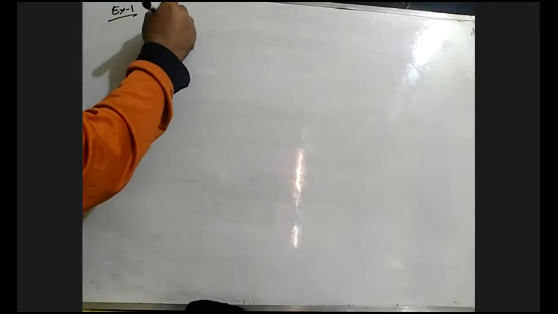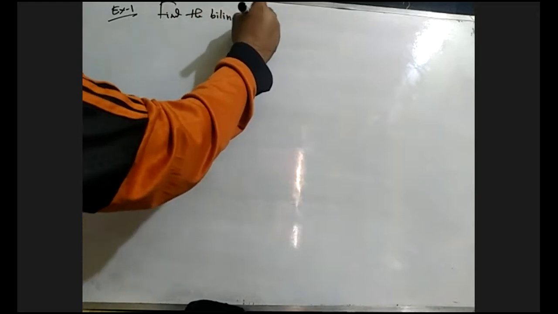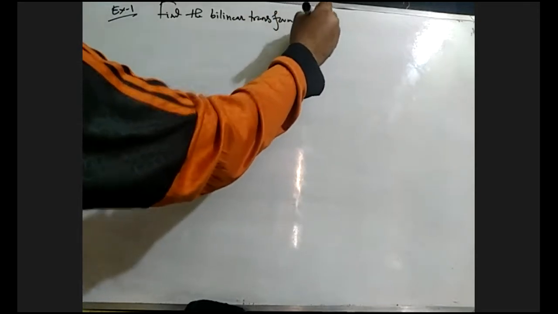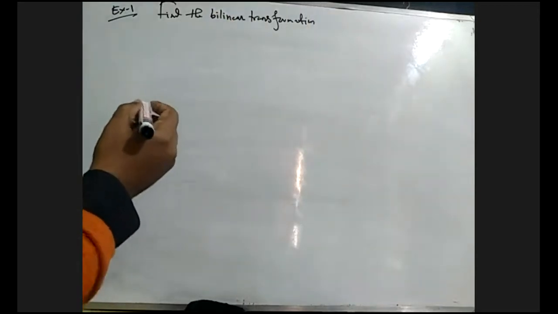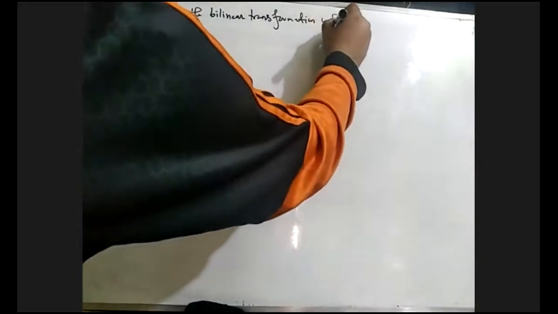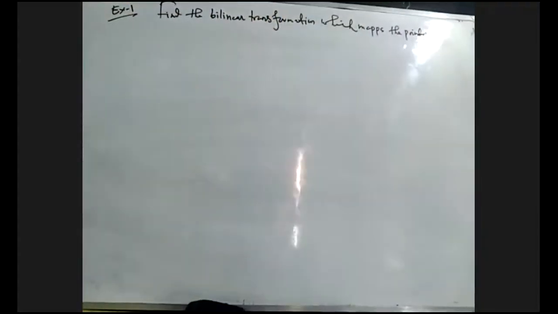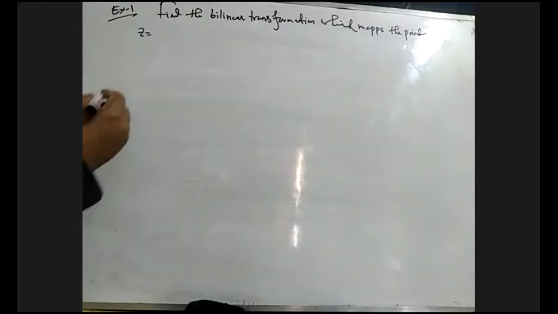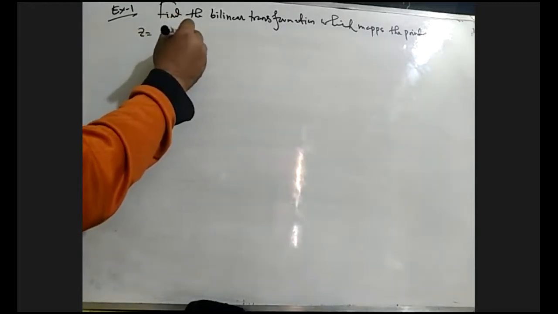Find the bilinear transformation which maps the points z equals to 1, i, minus 1.